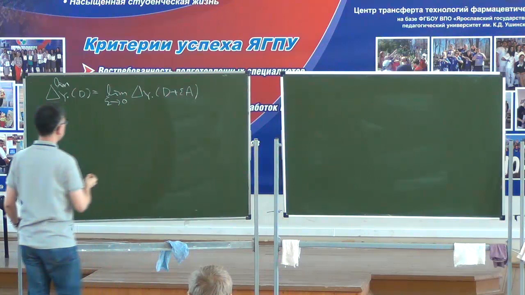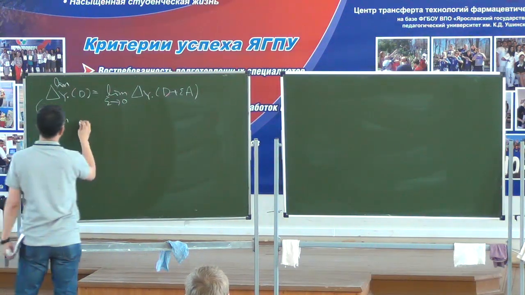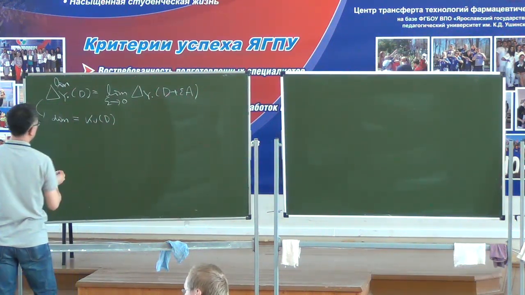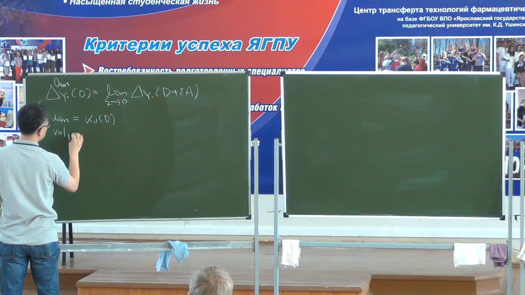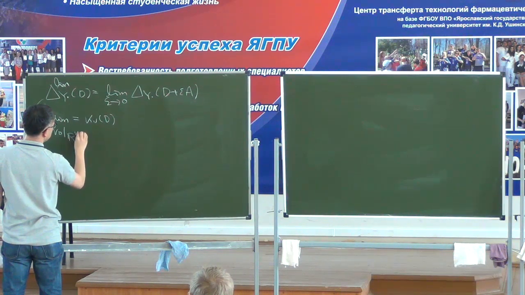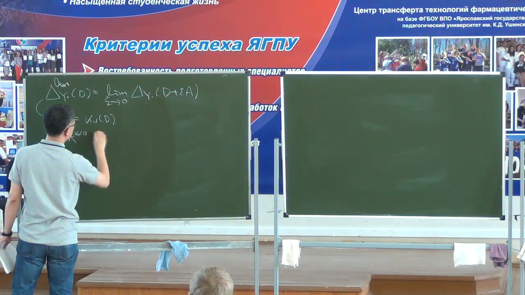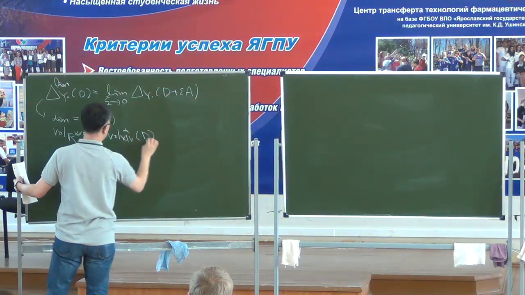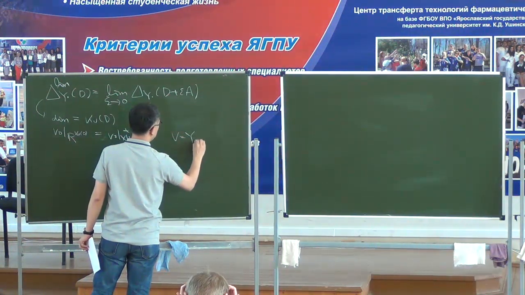This dimension is the numerical Iitaka dimension, and the volume is the Euclidean volume. Volume corresponds to this augmented restricted volume, where V is y n minus k.